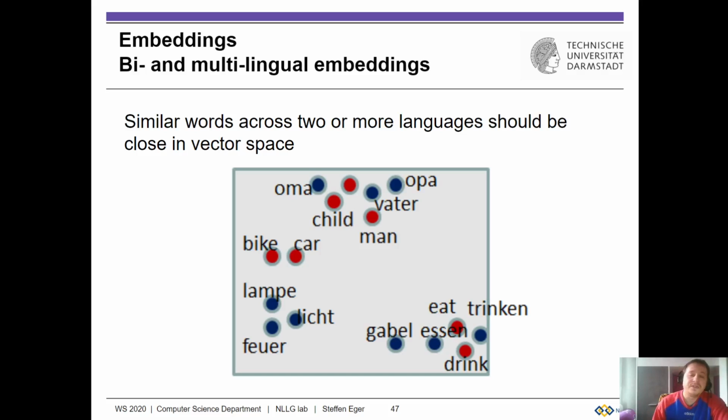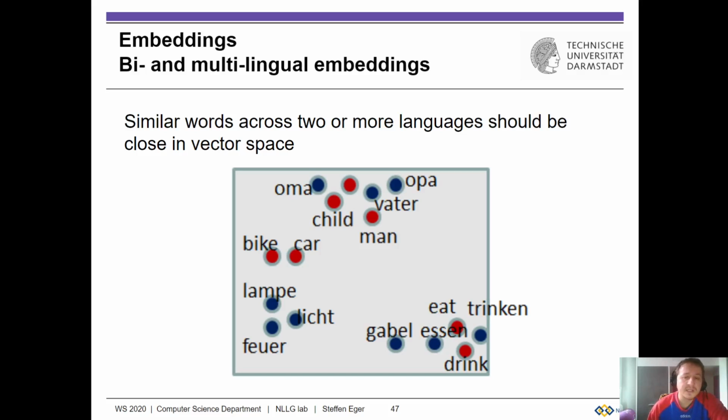So if you train such a model in a shared vector space using only English data, for example, and English labeled data is very plentiful. So you have, let's say, a training data set where you have an English document or an English sentence associated with part of speech labels.